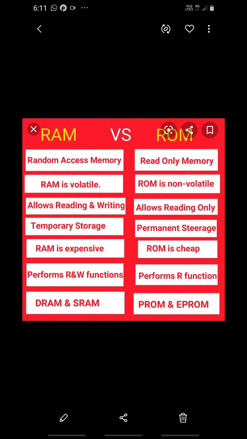RAM performs read and write functions. ROM performs read functions. Examples: DRAM and SRAM, dynamic and static RAM. PROM and EPROM.